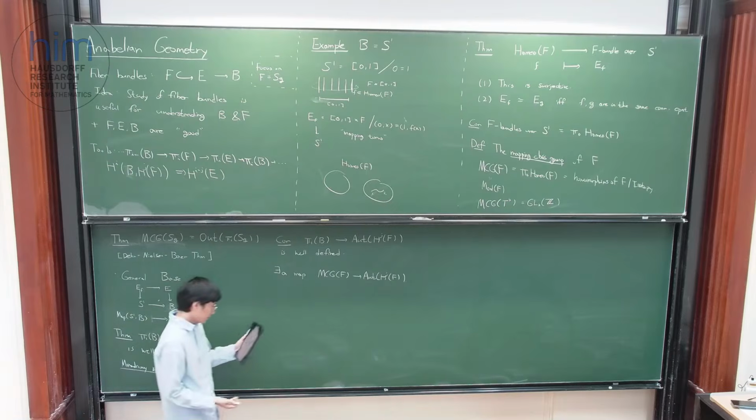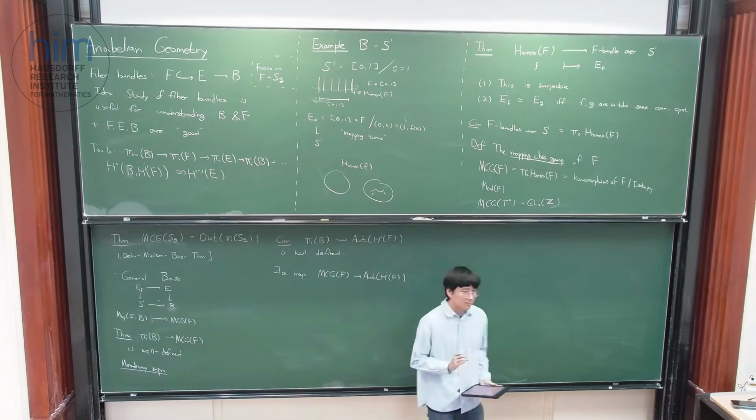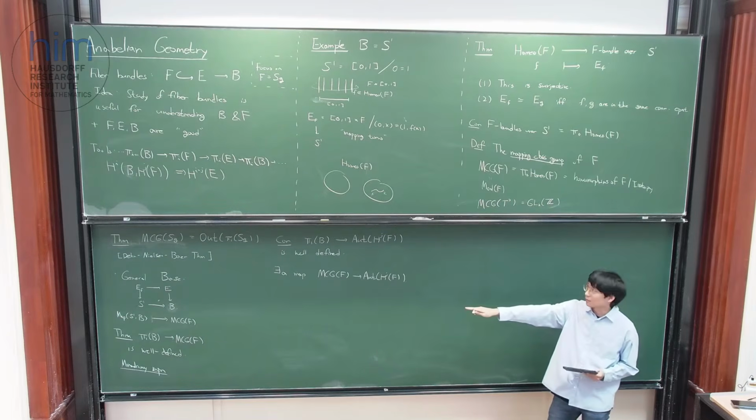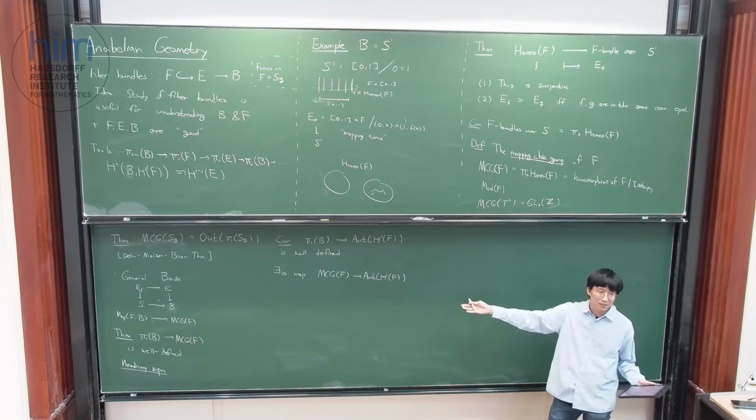Okay, so the monodromy representation is a very important invariant of a fiber bundle. That part is very clear. However, the question is to what extent it is a good invariant, or in other words, to what extent it determines the fiber bundle.